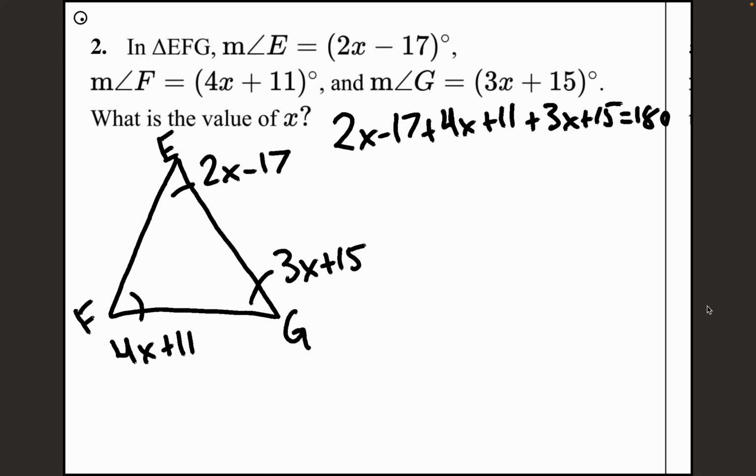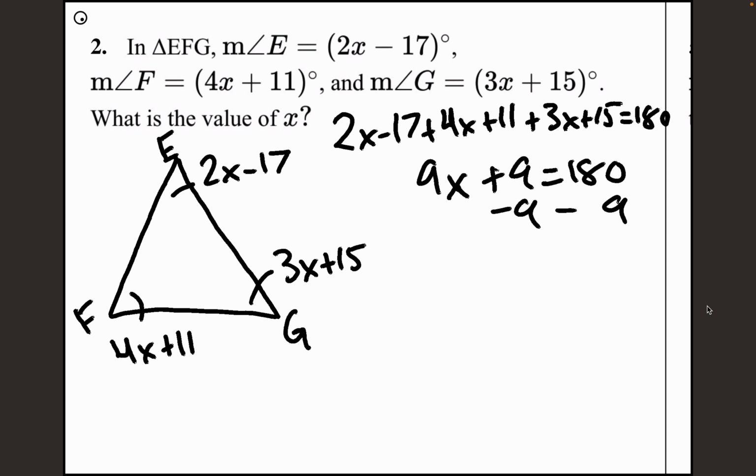What's that going to be? Then I need to combine my numbers. I have negative 17, positive 11, and positive 15. What's that going to be? Equals 180. Now what? Write this down.